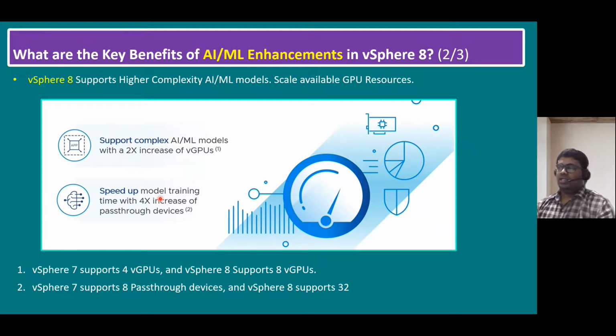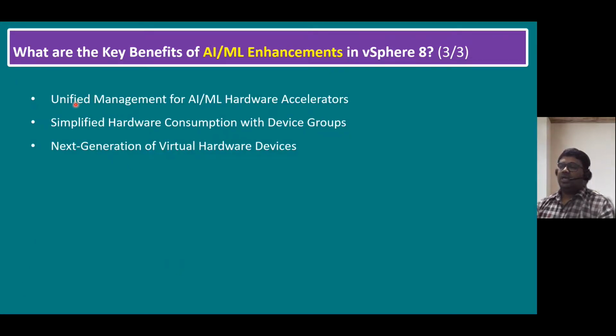Now, the actual enhancements with this increase are three: unified management for AI/ML hardware accelerators, simplified hardware consumption with the device group, and the next generation of virtual hardware devices. You may have a question: what is unified management for AI and ML hardware?